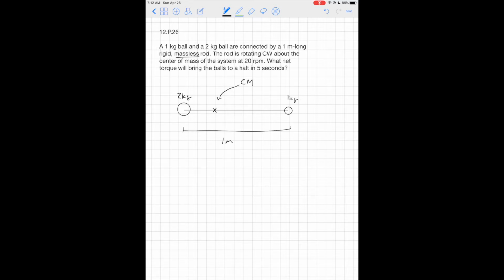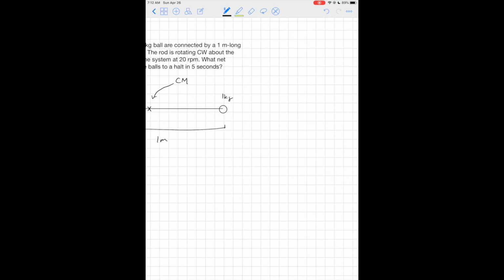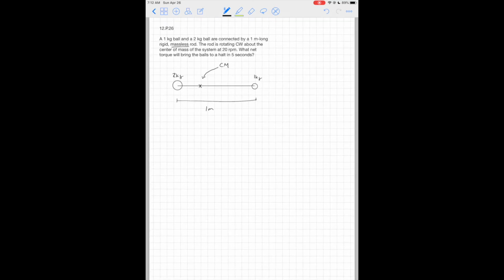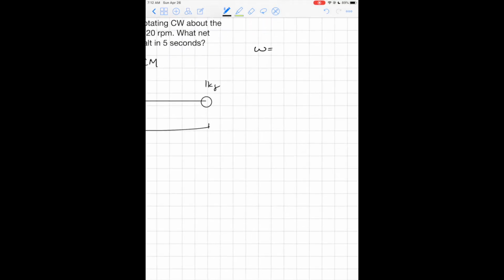Now, where is that? That's something that we're going to have to calculate. Before I do that, I know that I'm going to have to use radians per second, so why don't we put omega in terms of radians per second.